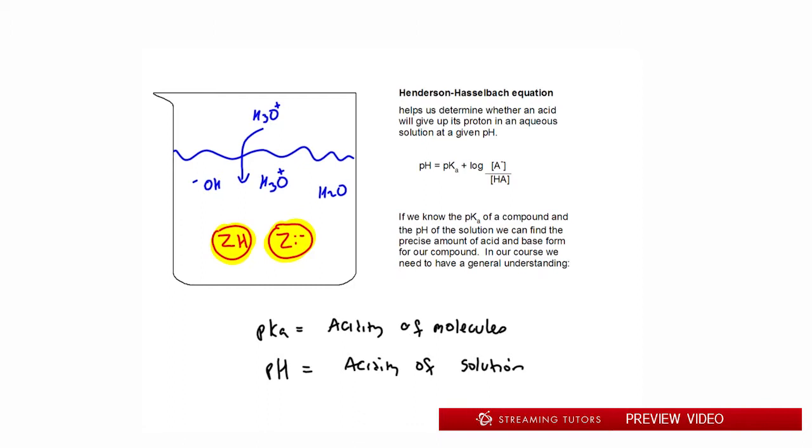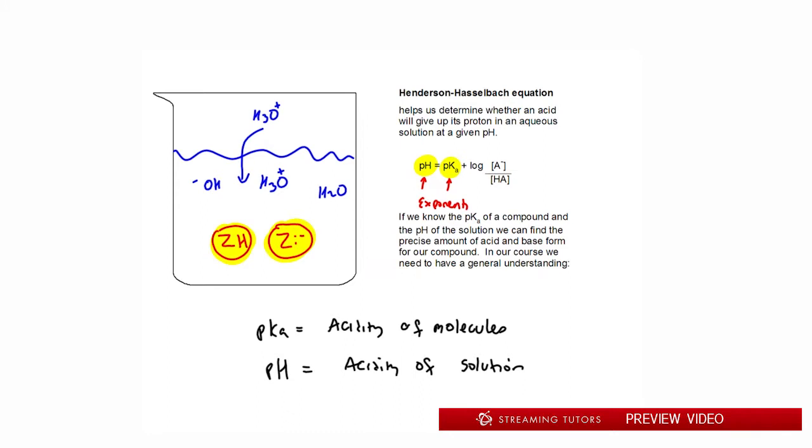So let's go back and think about this now. We know that HZ and Z are our buffer molecules. Those are our acid and conjugate base forms. Okay, so how does this work? Well, the pH is equal to the pKa, the acidity of our molecule, right? Remember, by the way, this is an exponential value. Here's exponential, there's exponential.